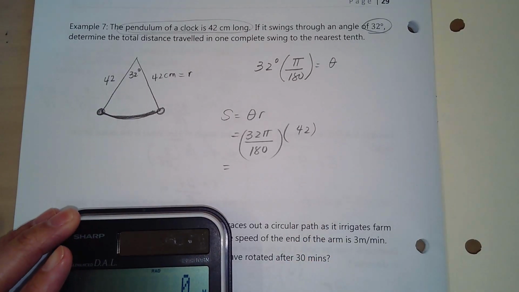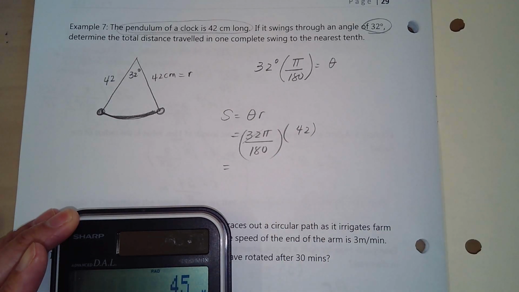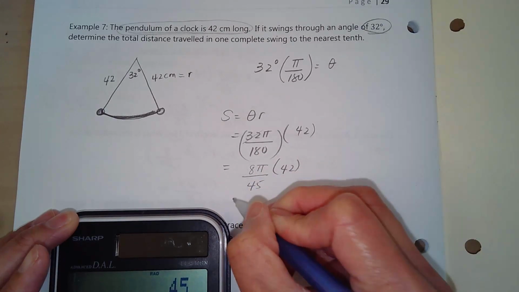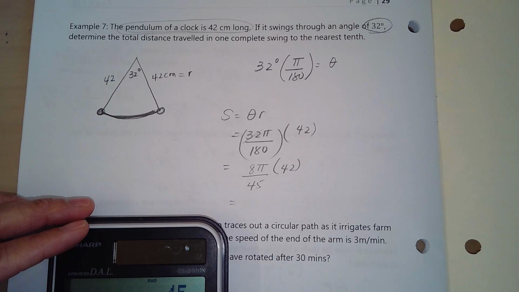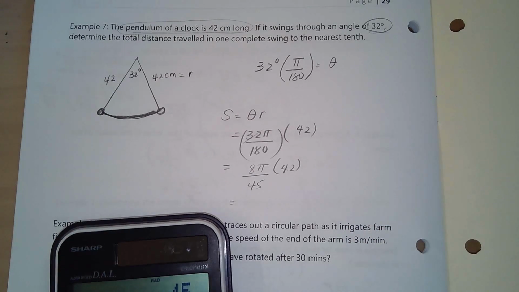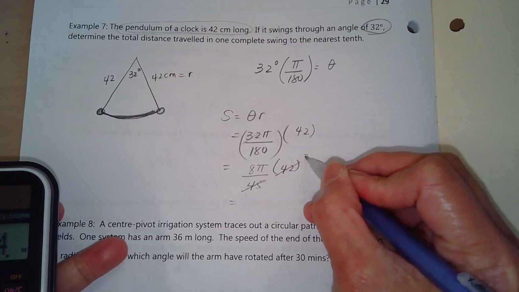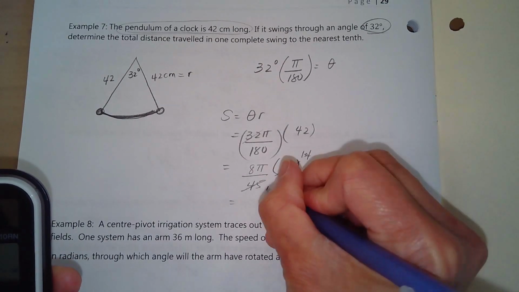32 and 180. 32 divided by 4 is 8. 180 divided by 4 is 45, so 8 pi over 45 times 42. 42 and 45 are divisible by 3, so that's 14 and 15.